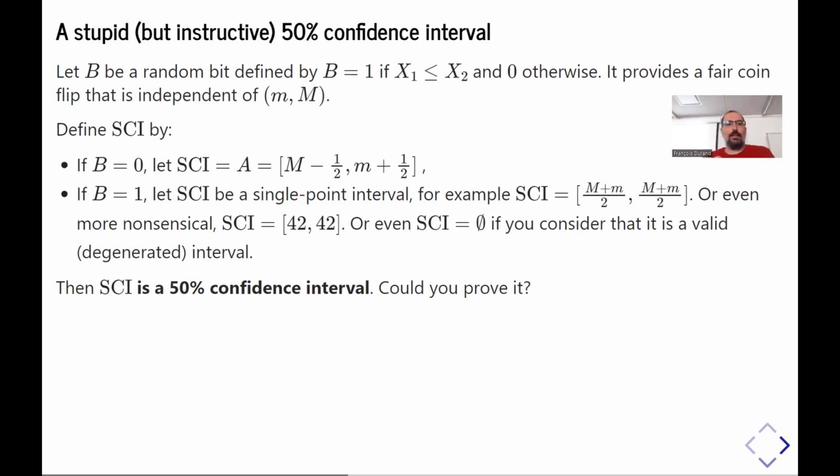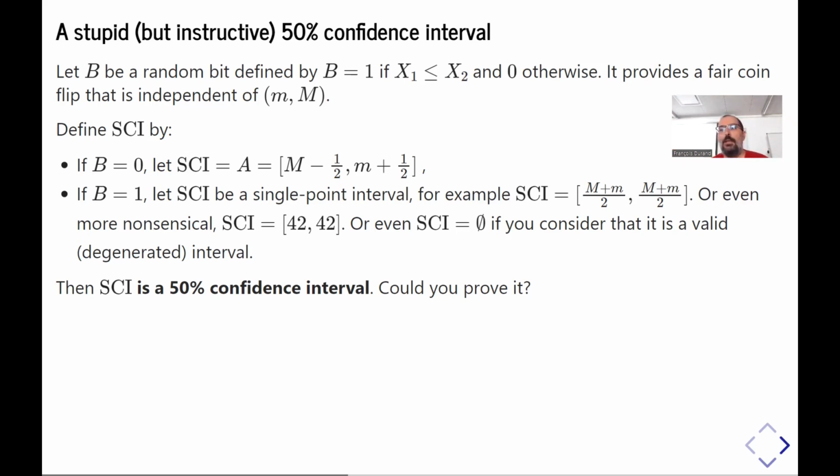So now let us define SCI, for stupid confidence interval, in the following way. If B happens to be 0, then we'll take for SCI the 100% confidence interval, which is big M minus 1/2 and small m plus 1/2. Otherwise, we will define SCI to be something that is essentially useless.